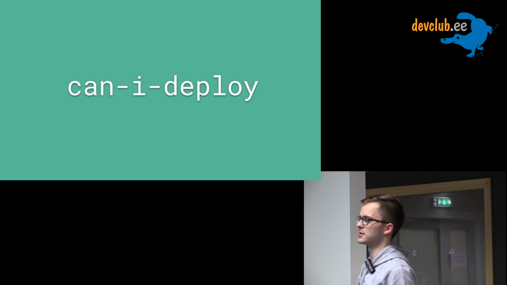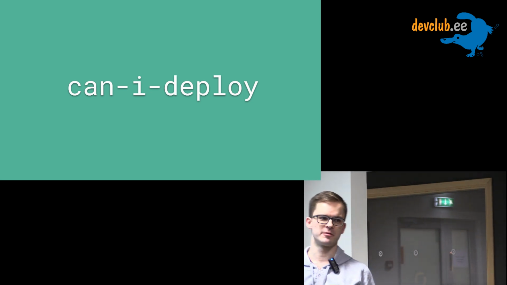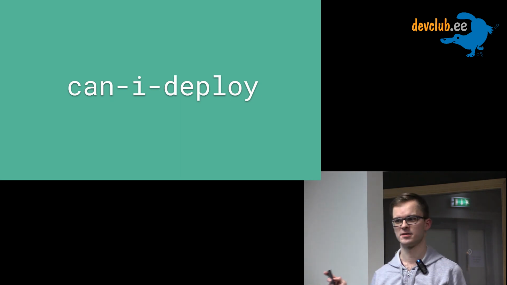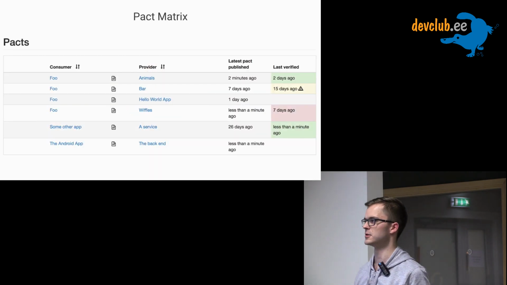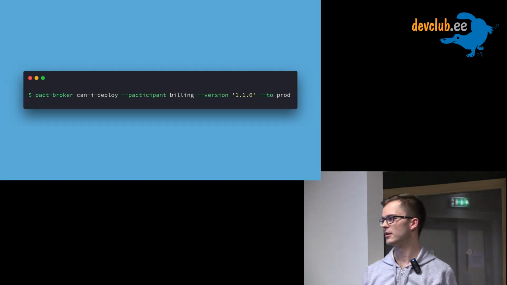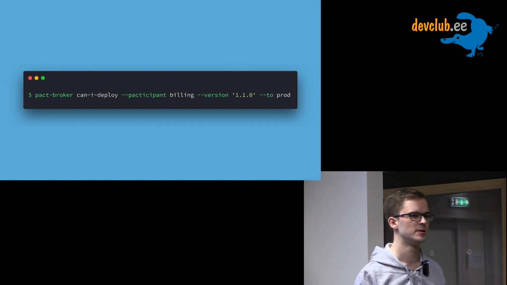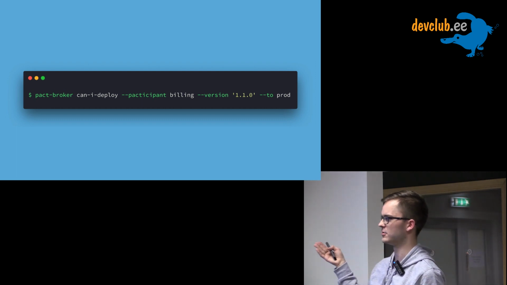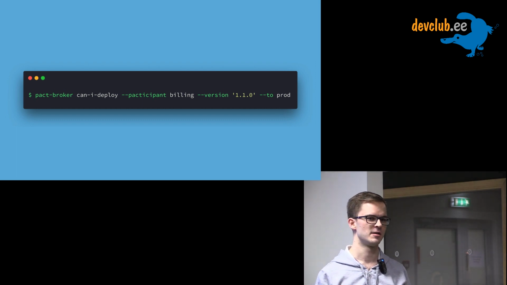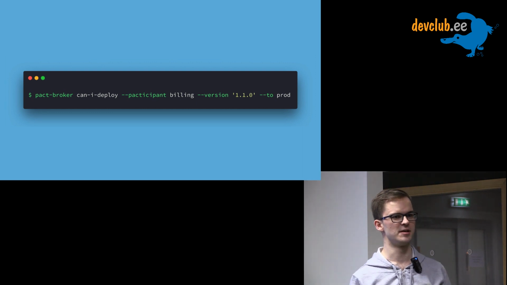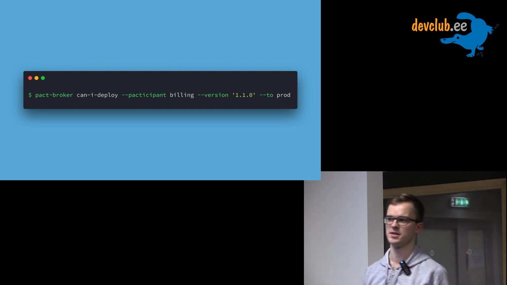There is also a set of command line tools that come with the Pact broker. One of them is can-i-deploy, and this technically automates the check that we were doing here in this matrix. If you run this, for example, saying I want to deploy the latest or 1.0 version of billing to production, this can-i-deploy tool queries the matrix and checks whether this is fine.